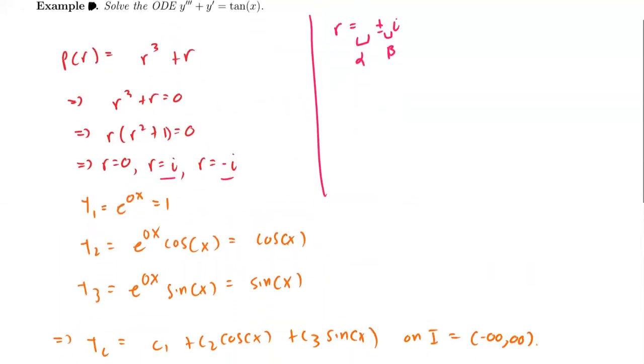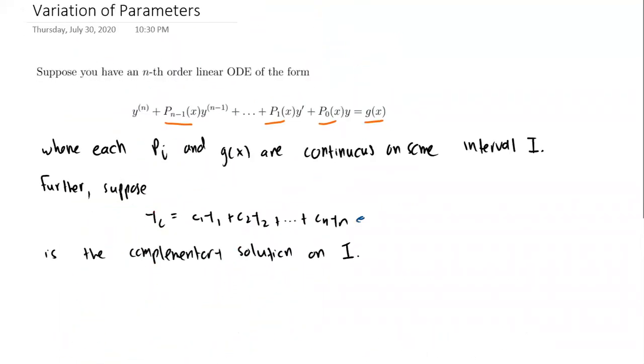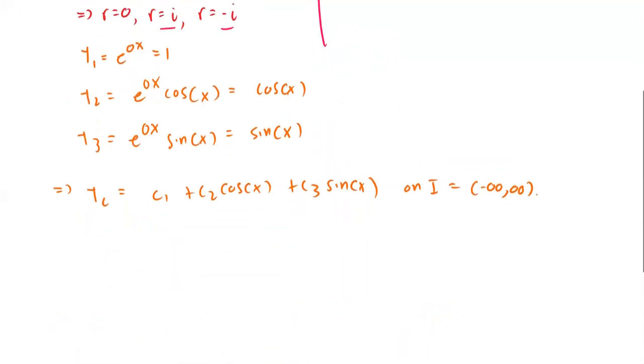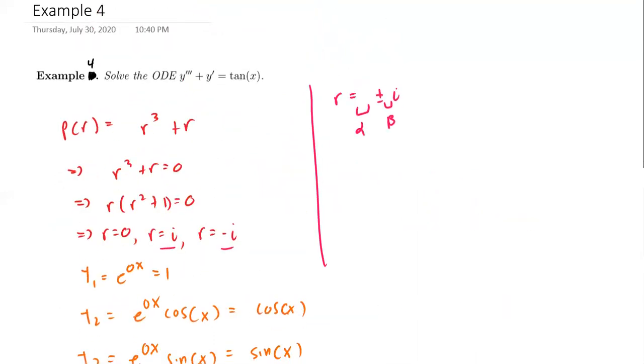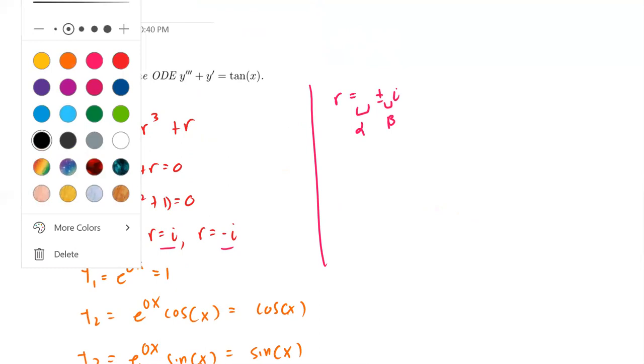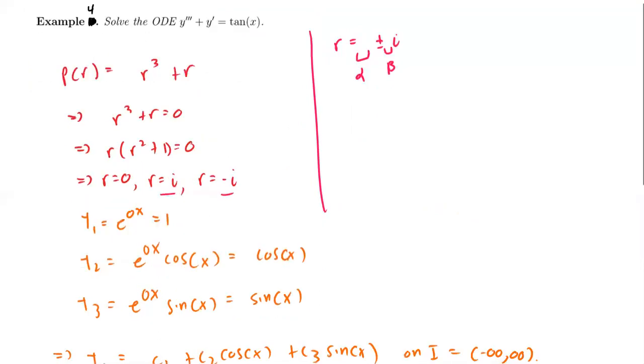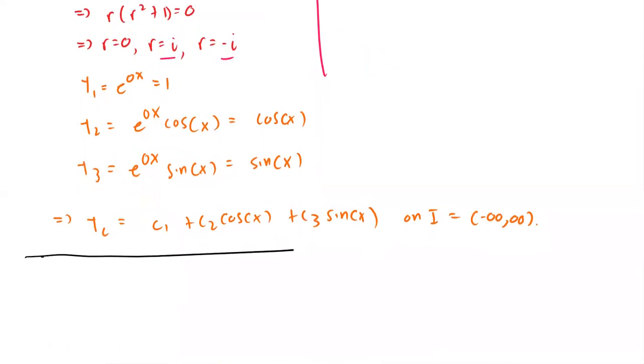Now, for variation of parameters, we already have the equations, right? So we're gonna guess a solution of the form, because since we have the complementary solution, all we need to find the general solution to the non-homogeneous case is just find a particular solution. So that's what we've been saying all this time. In this case, we're gonna assume that we have a guess or a form for y sub p.